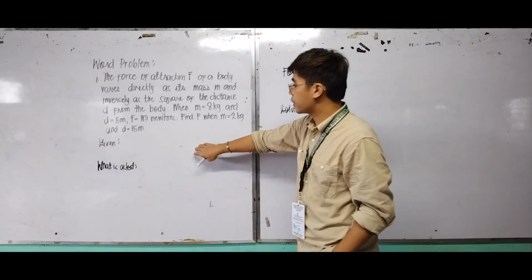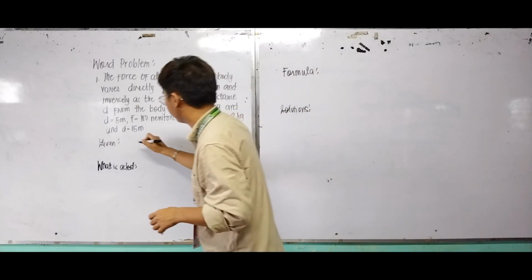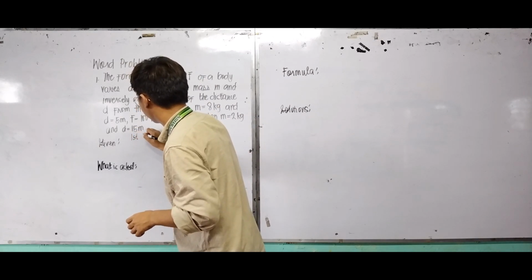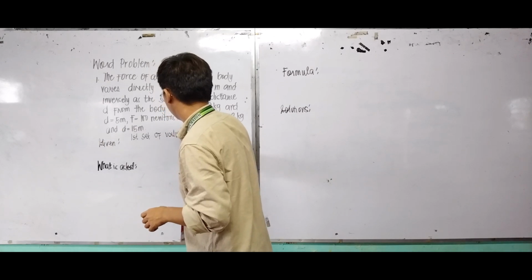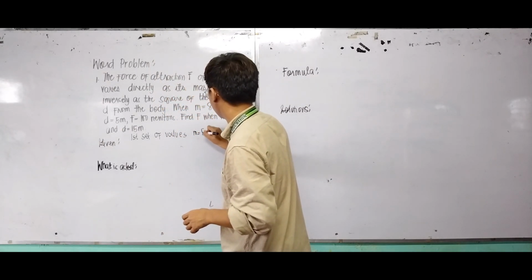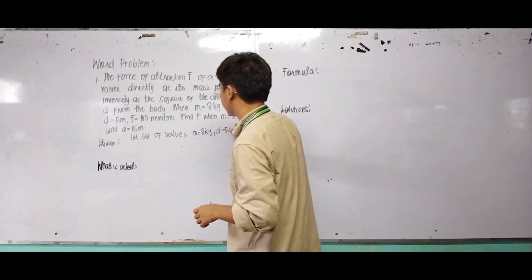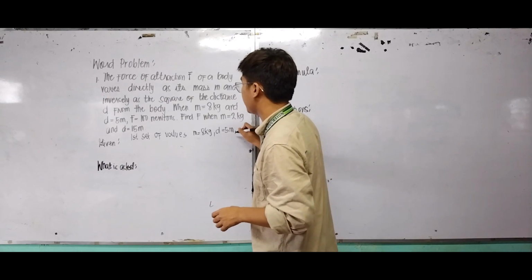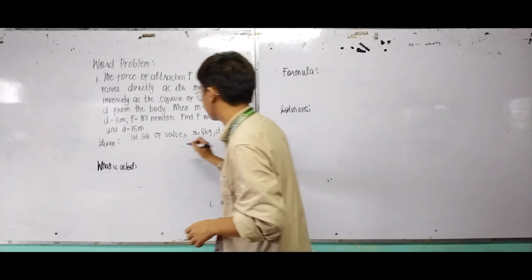Now we will write first the given. So we have here the given, the first set of values. We have mass 8 kilograms, the distance 5 meters, and the force of attraction 100 newtons.